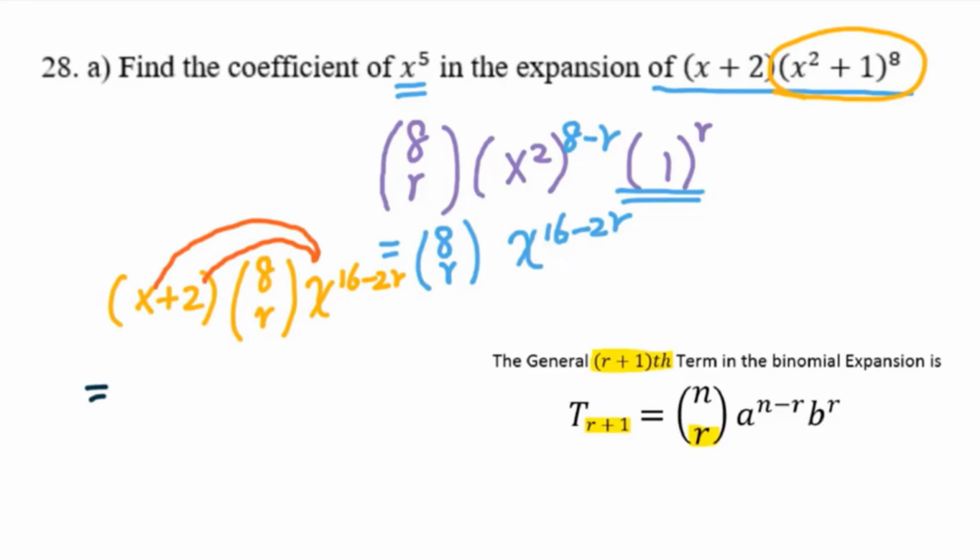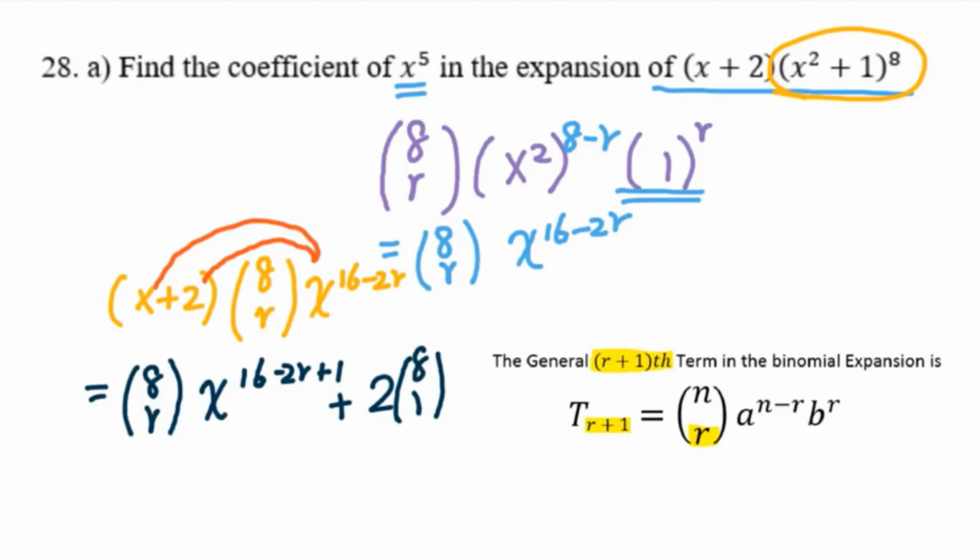You will get 8 choose r, x to the 16 minus 2r plus 1, then plus 2 times 8 choose r, x to the 16 minus 2r.